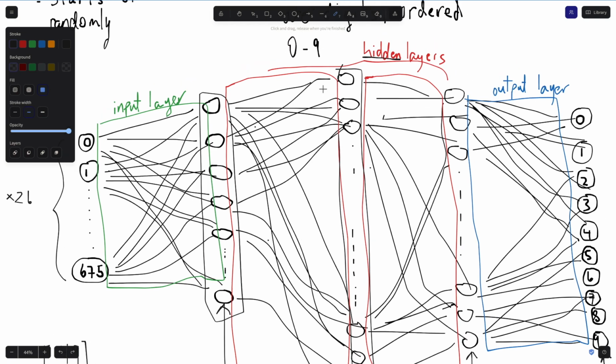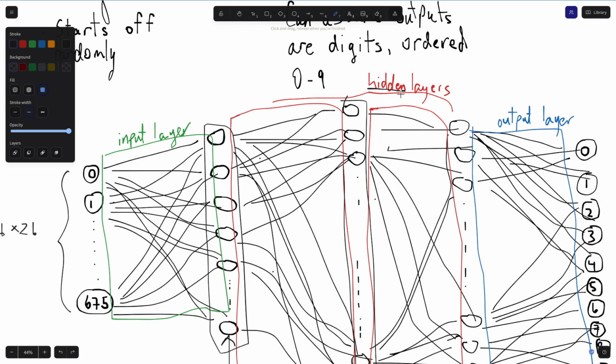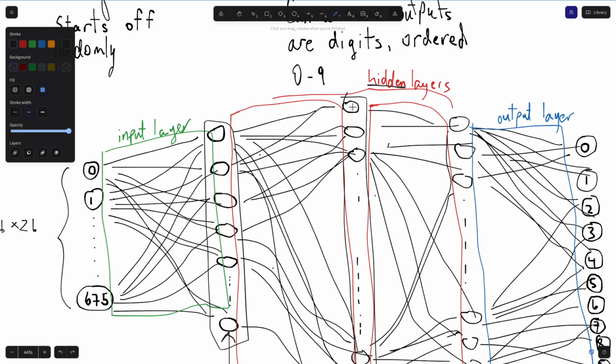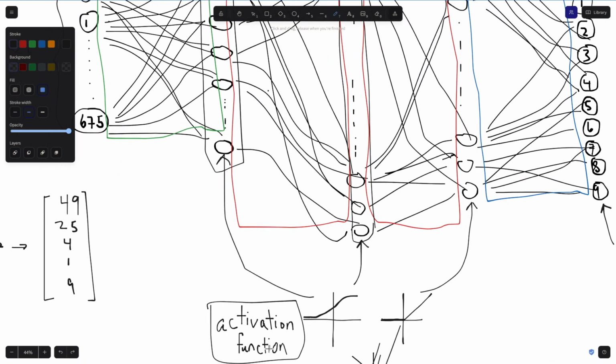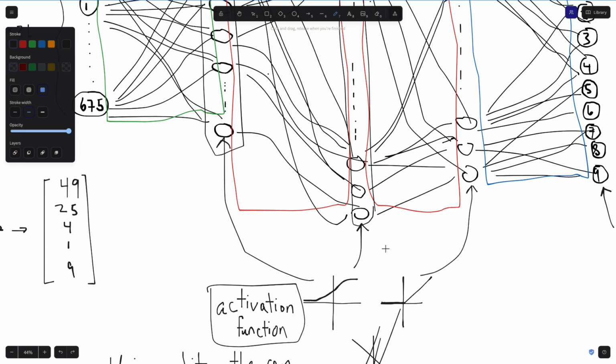Okay, so that is why we need these hidden layers, and that is why we need these non-linear activation functions. If the function we were trying to predict was linear, we wouldn't need these, but most interesting functions are not linear.